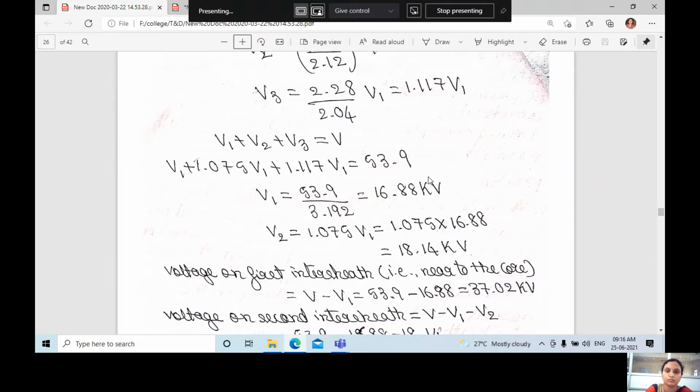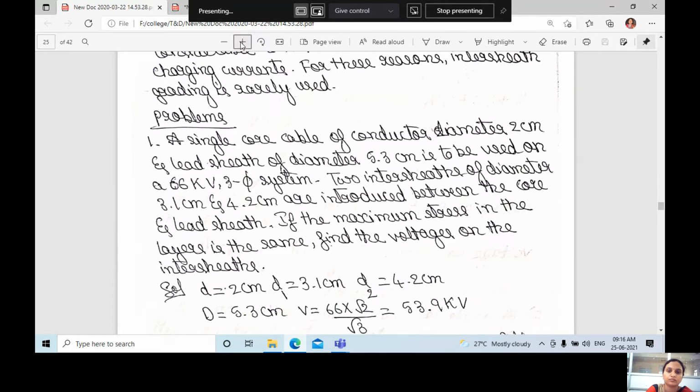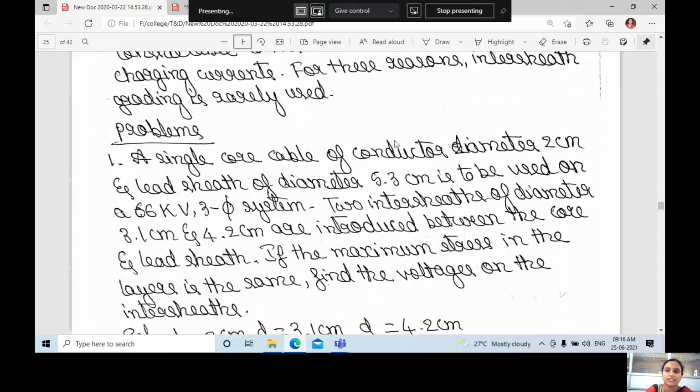Okay, first problem. A single core cable of conductor diameter 2 centimeter and lead sheath of diameter 5.3 centimeter is to be used on a 66 kV three-phase system.